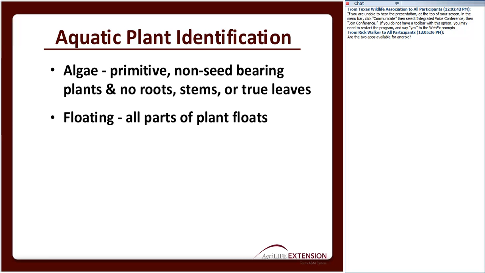Well, that's not the case at all, because they're rooted to the bottom, or I'm sorry, they have a long stem going to the bottom where they have an extremely large root, and the majority of their plant biomass is actually under the water surface. So when we talk about floating, all parts of the plant float. You should be able to take your hand and go completely underneath the plant and not contact anything going down to the pond bottom.